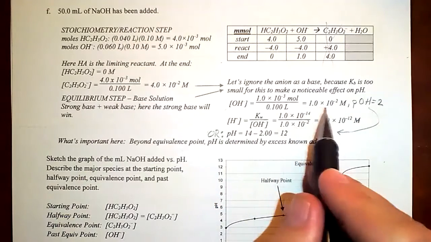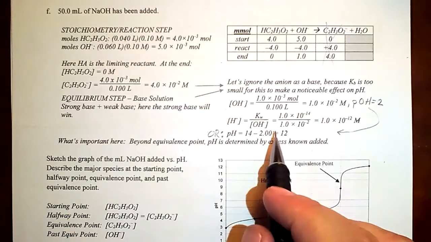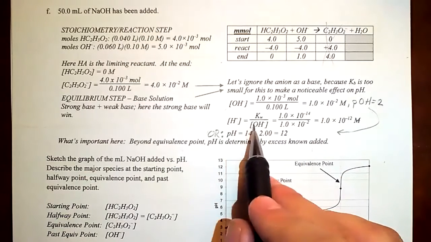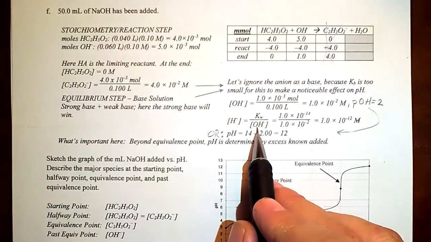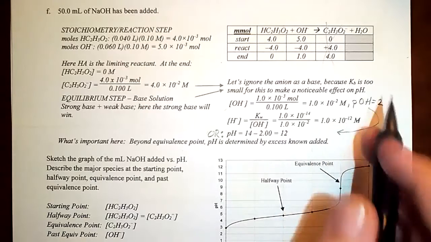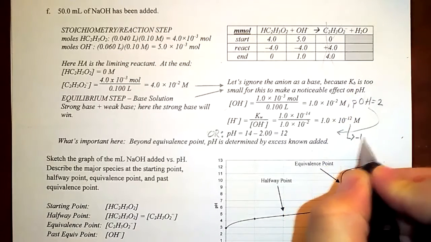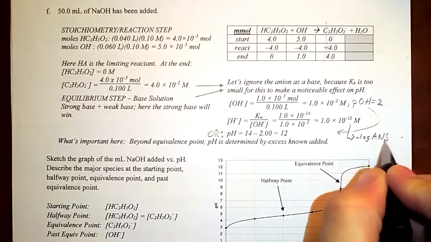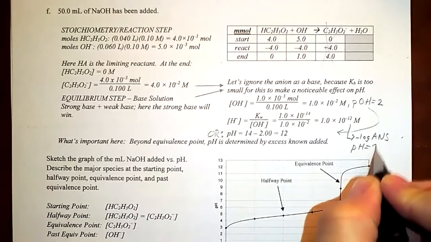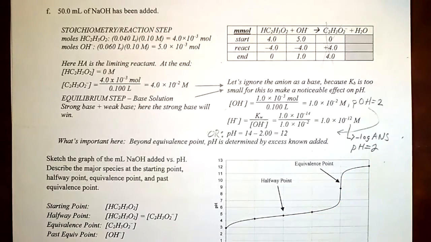This is a little confusing because it looks like it jumps from here to there. H plus is then Kw divided by OH minus, in which case you get this, and then you need negative log of that answer, pH equals 2. So you get the same answer either way.